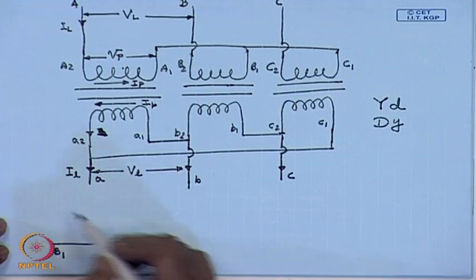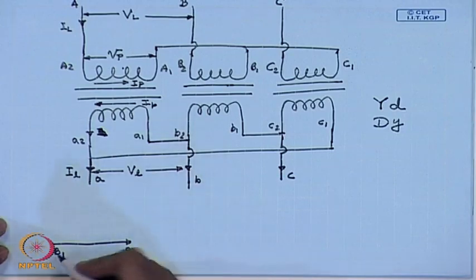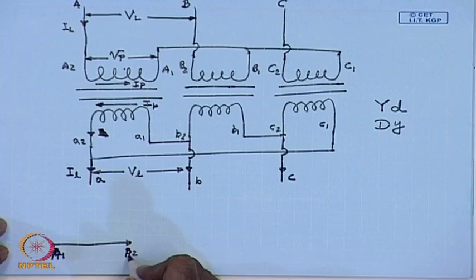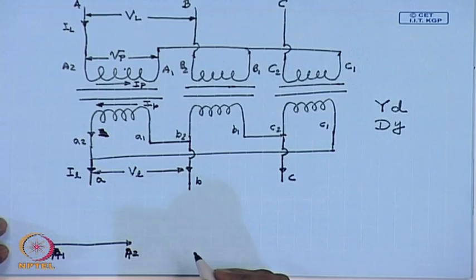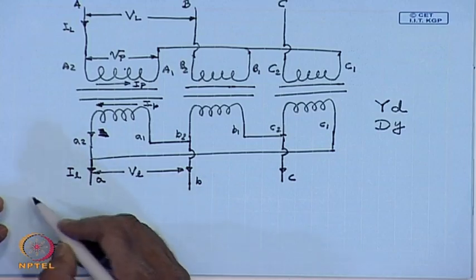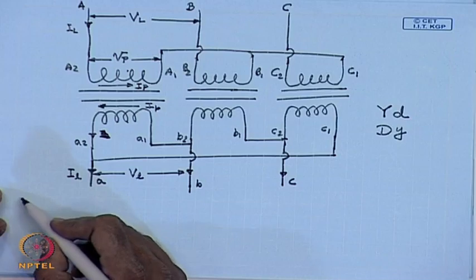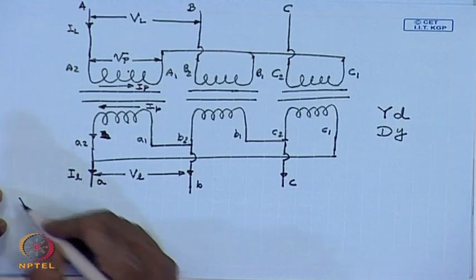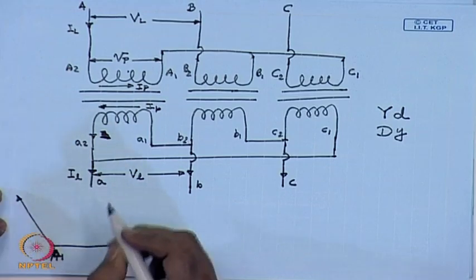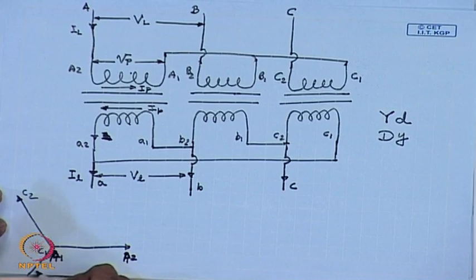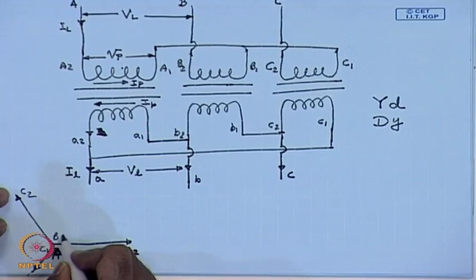Okay, let us call it A1, A2. This is the phasor C1, C2 and this side is the phasor B1, B2.